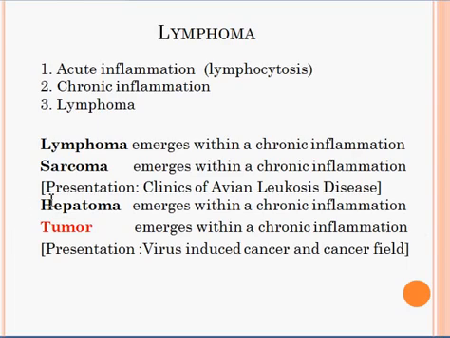Hepatoma, the same thing. You start with acute hepatitis, you get subacute hepatitis, smoldering hepatitis, cirrhosis, and finally you get hepatoma. So there's a general pattern which I call law. Any tumor emerges within a chronic inflammation, and this chronic inflammation I called cancer field. It is described here, virus-induced cancer and the cancer field.